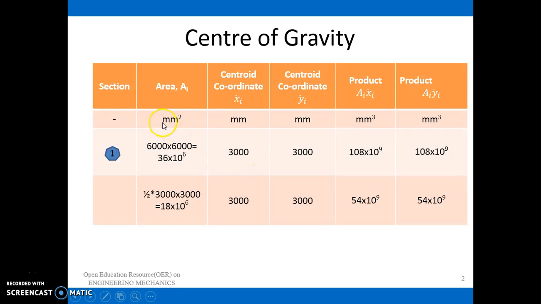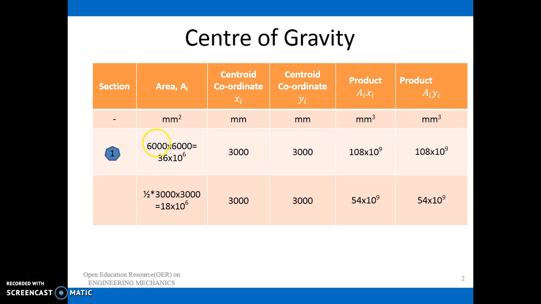As discussed in the previous problem, we have a section, area, and coordinates located as xi and yi. The products of these, Ai xi and Ai yi, are the next two columns, and the dimensions are also written there. Now you can see the first section, which is a square section.